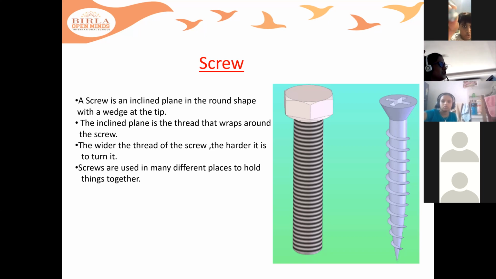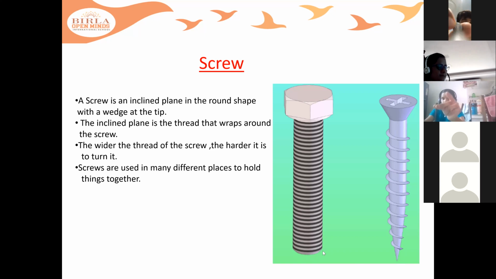The wider the thread of a screw, the harder it is to turn it. Screws are used in many different places to hold things together and to lift things. A bolt is a screw, but does not have a sharp tip. You can see a bolt over here, but it is blunt.